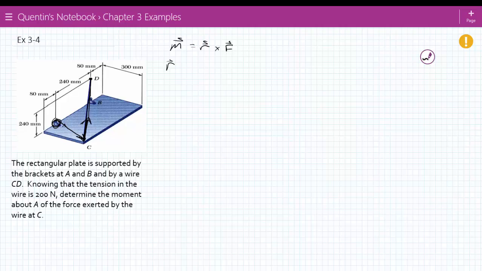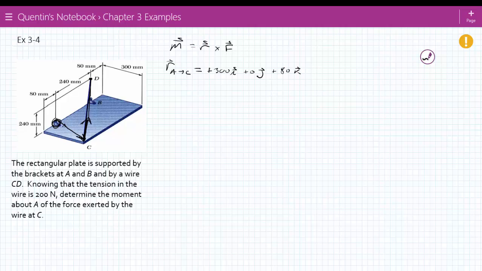This is different from how the book does it, but I'm going to say from A to C. In the x direction, it is plus 300 in the i direction, 0 in the j direction, and plus 80 in the k direction. So there's our r vector, 300 i plus 0j plus 80k.